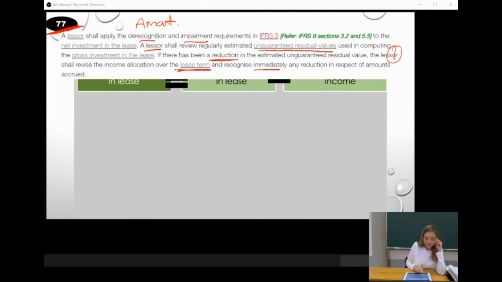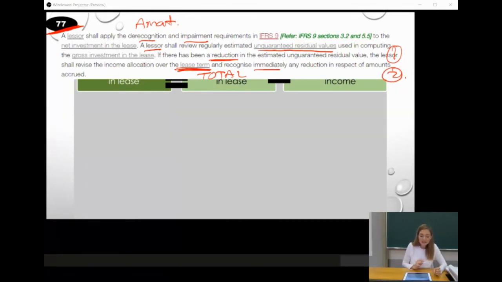The second weird thing is that it says that we should revise the income allocation over the lease term. So that is the total lease term from the start, as if this lower unguaranteed residual value has always been the case from the start of this lease. So we revise it over the total lease term, not the remaining lease term.